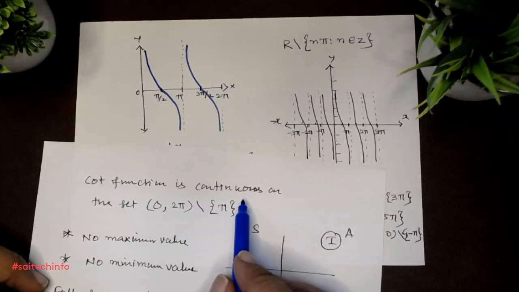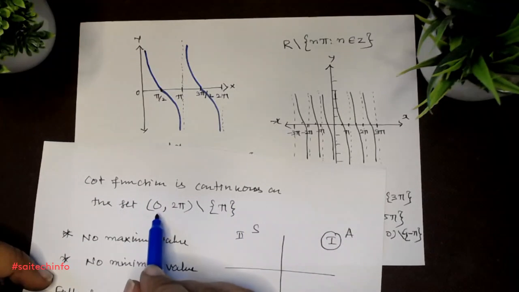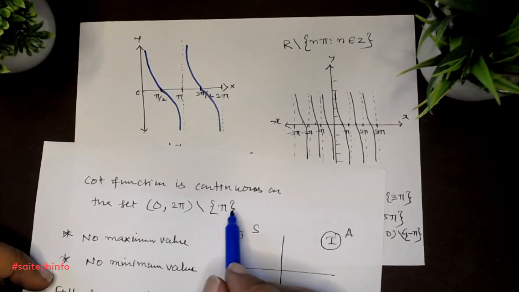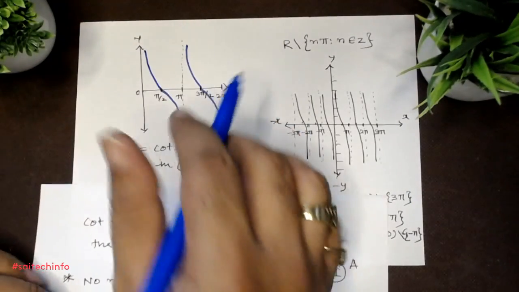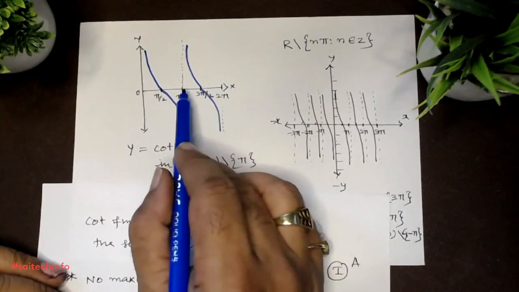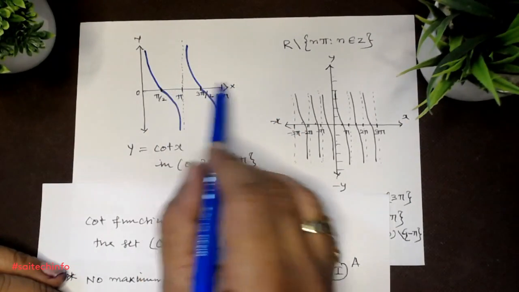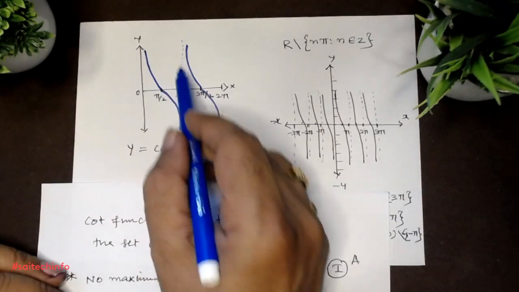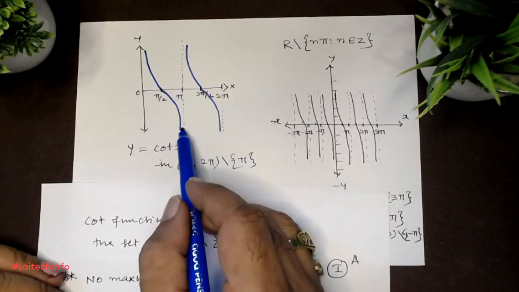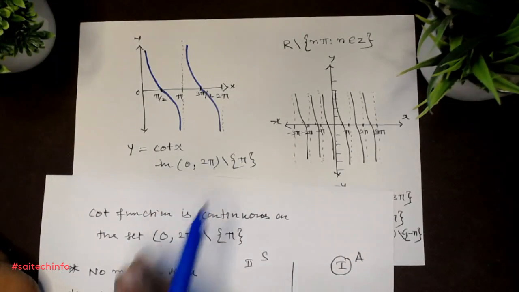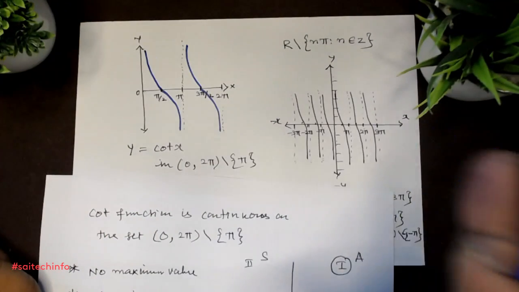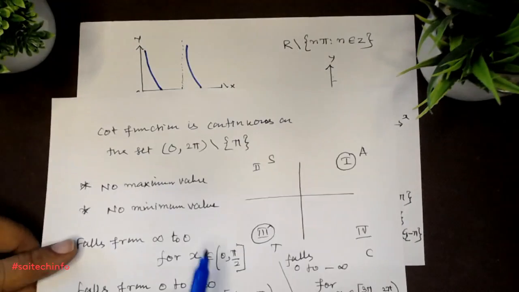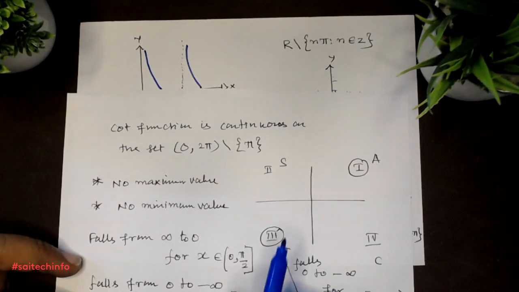The cotangent function is continuous on 0 to 2 pi excluding pi. So here it doesn't come across pi. Are you able to follow? Right? There is no maximum value as in the case of sine and cos, and there is no minimum value also.